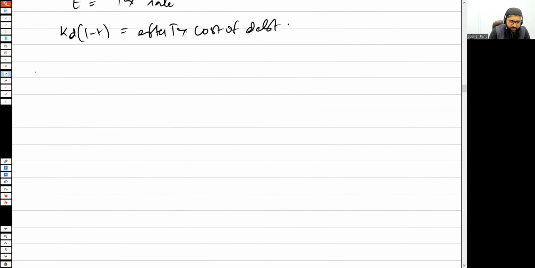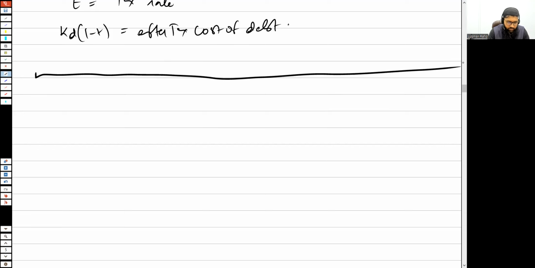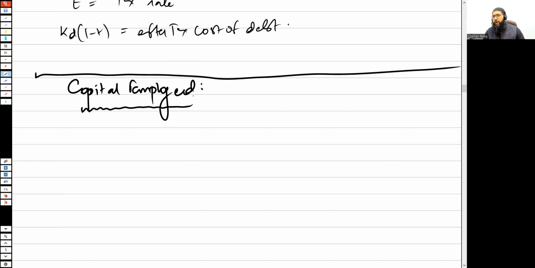Now, the last aspect of this is the capital employed. What do we mean by capital employed?